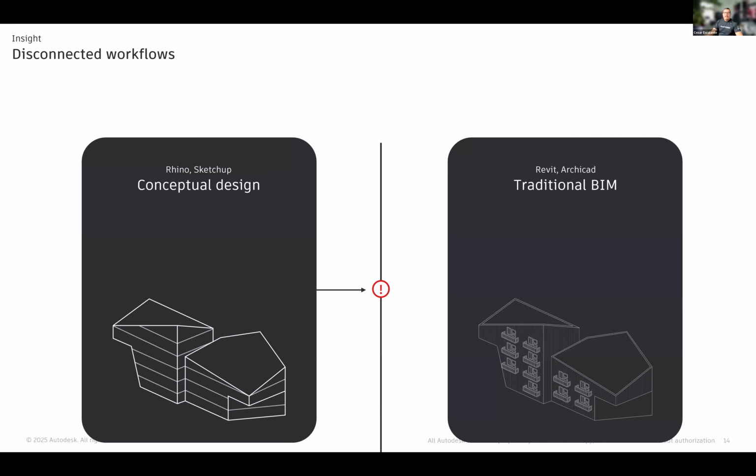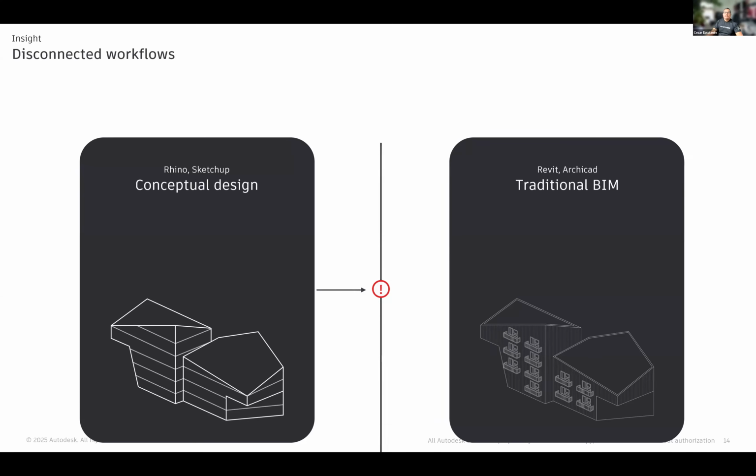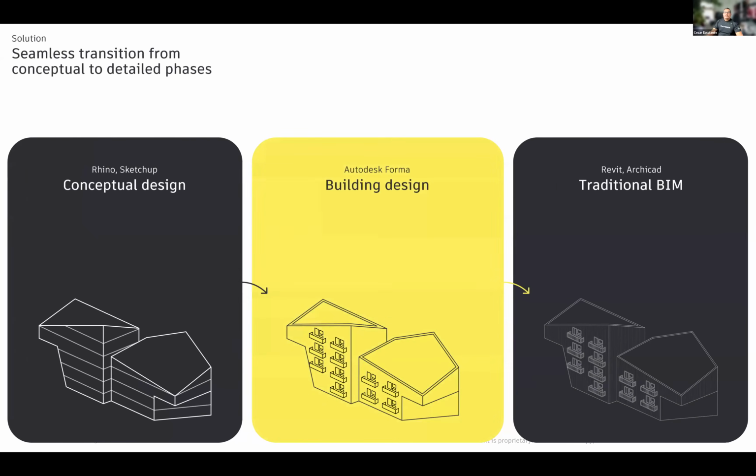Conceptual models don't have the underlying data structure needed for documentation, which leads to a lot of rework and unnecessary errors. So there is a gap between the design intent from the massing environment to the technical documentation that is needed for delivery. So the goal here is to bridge that gap.